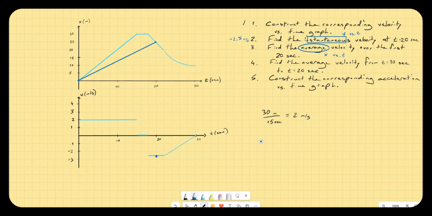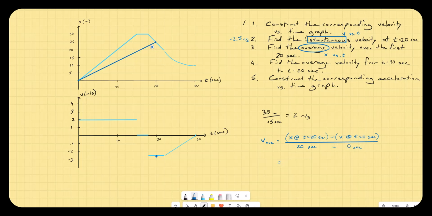So v average is x at t equals 20 seconds minus x at t equals 0 seconds, over 20 seconds minus 0 seconds.